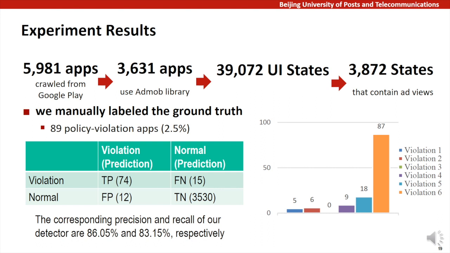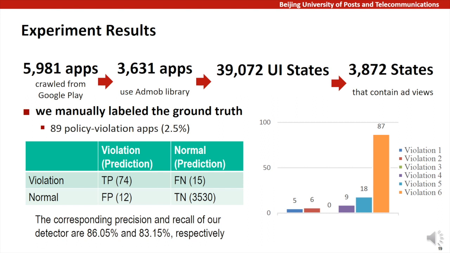Our experiment is based on roughly 6,000 apps crawled from Google Play, of which roughly 60% use the Admob library. We then get roughly 39,000 UI states, among which 3,800 states contain ad views.